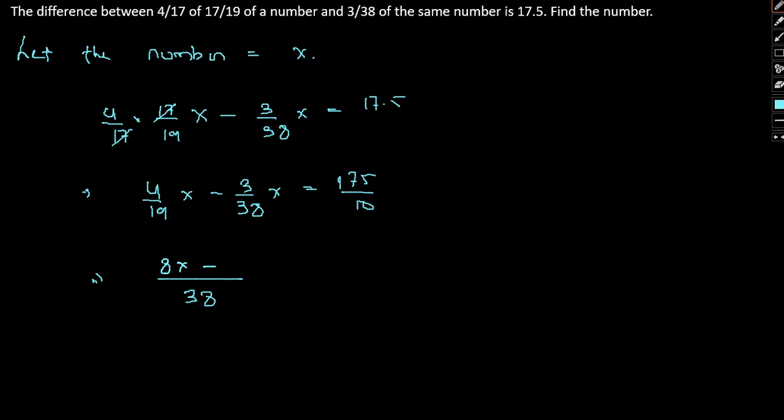so 8x minus 3x equal to 175 by 10. Further written as 5x by 38 equal to 175 by 10. 5 3 is a 15, 5 5 is a 25, 7, 2.